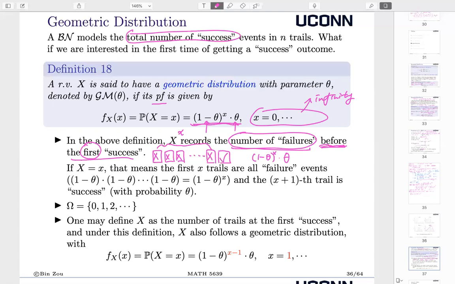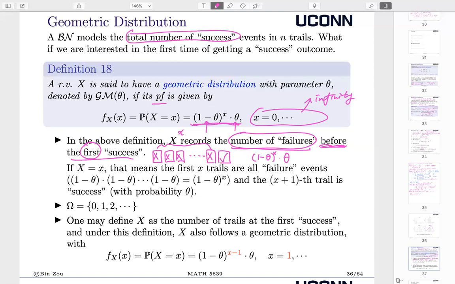If you truly understand the reason, you will be able to write down the probability function 10 years from now. If you just memorize, you will forget this in 3 months, probably even before we end this course. So knowing the true reason behind each and every distribution is truly important.